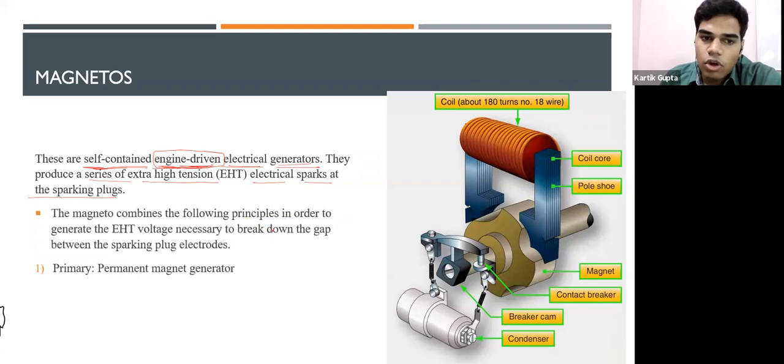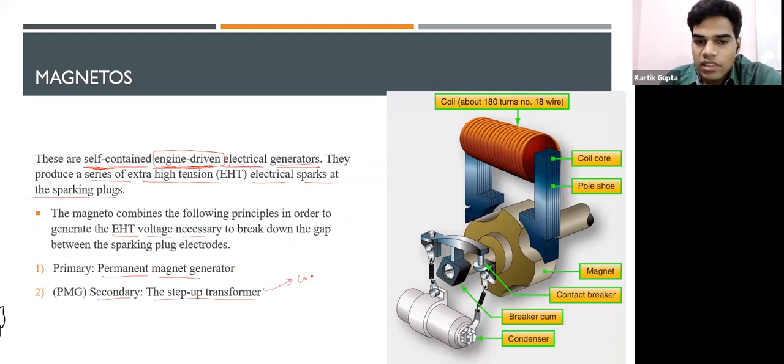The magneto is a combination of the following principles in order to generate the EHT voltage necessary to break down the gap between the sparking plug electrodes. Two things are involved: the primary, a permanent magnet generator, and the secondary, a step-up transformer. If you remember, a step-up transformer has two different sets of coils: this is the core coil and this is the outside coil.